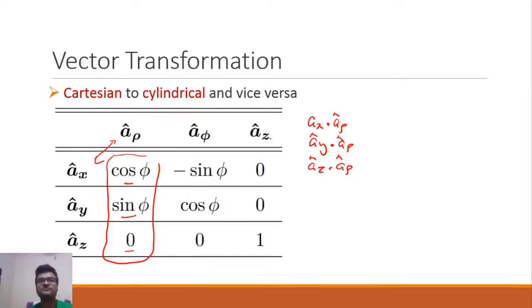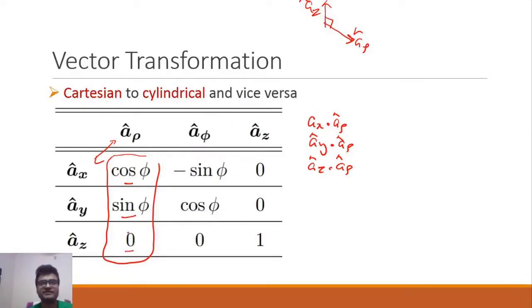So we know that A rho is the radial vector, and this radius comes perpendicularly out of the z direction. So we know that Az and A rho are definitely perpendicular to each other. So in cylindrical and rectangular coordinate systems also, there are a few vectors which are still perpendicular to each other.